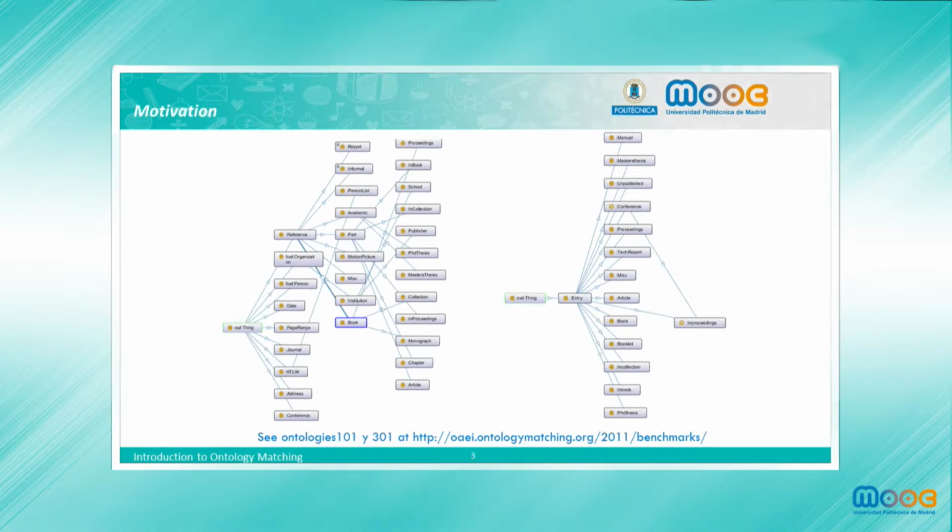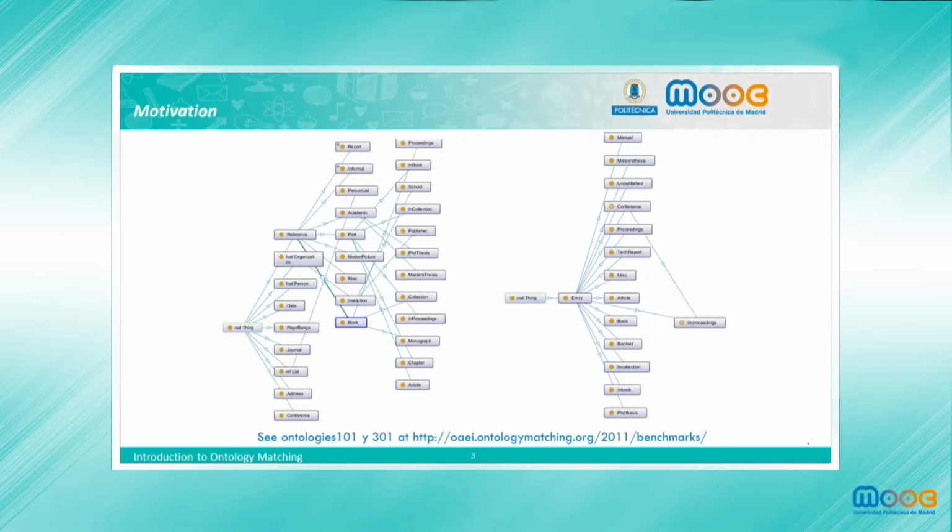Let's consider the following example, taken from the bibliographic domain, to illustrate how different people have modeled the same domain in very different ways, resulting in ontologies that differ in structure, granularity, and expressivity.